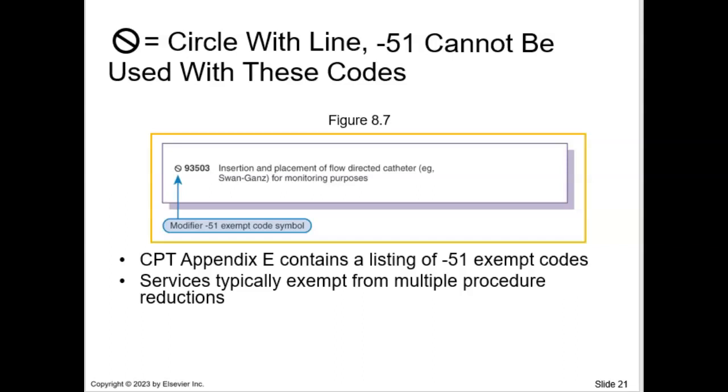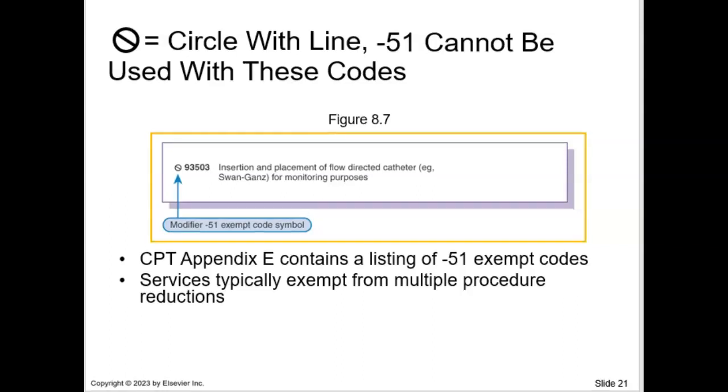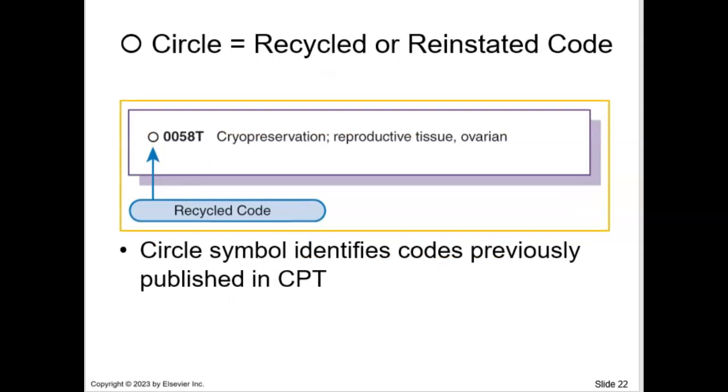Circle with a line means modifier 51 cannot be used with these codes, and we'll talk about modifiers shortly here in this semester, where you'll learn a little bit more about them. Just remember what that symbol is for. Circle, just a plain old circle, means a recycled code or reinstated. That means it was in the CPT book at one time, they took it out, now they brought it back.